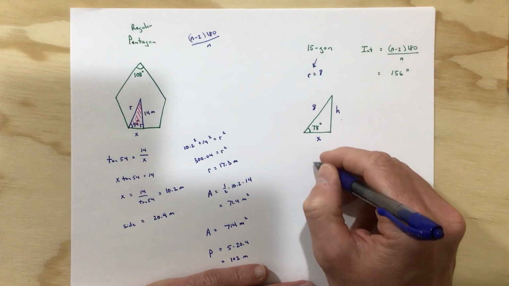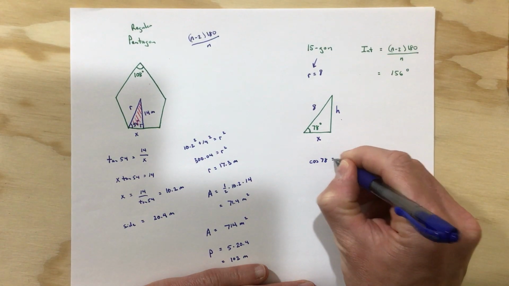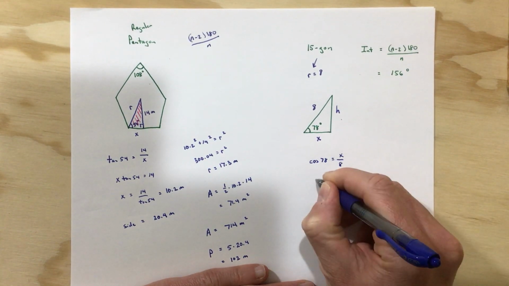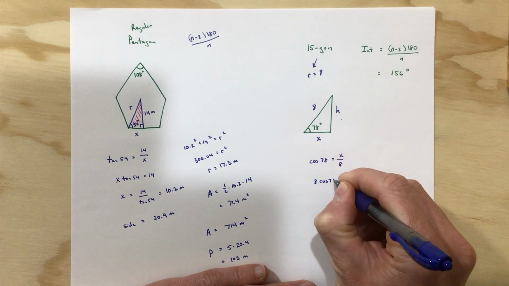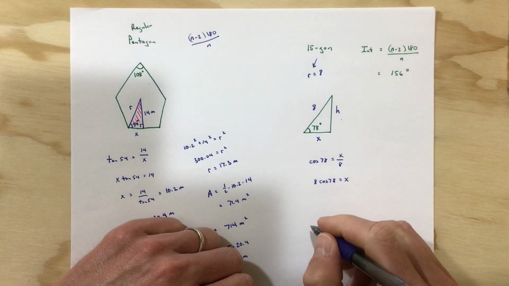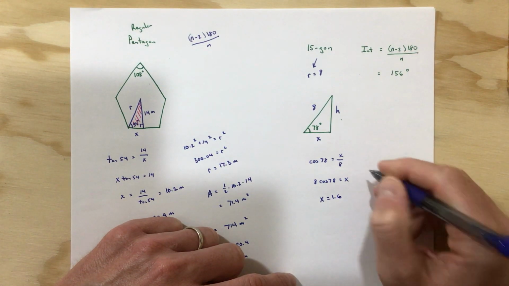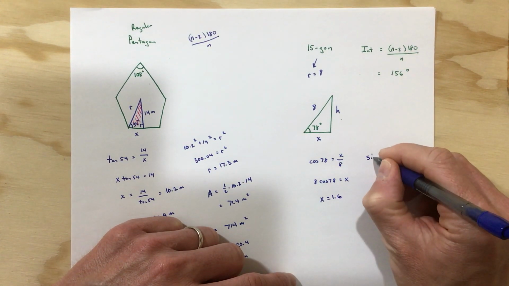All right, let's do some trig. So we say that cosine of 78 is equal to x over 8. So then 8 cosine of 78 does equal x. We type that in. 8 cosine of 78 is equal to 1 point, we'll round it to 1.6. We've been rounding to the nearest tenth, which is fine. That's x. And then let's do sine.